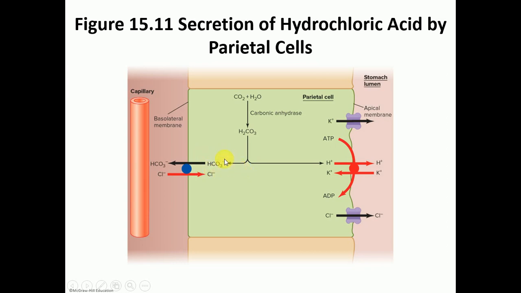Well, this bicarb is a negative ion. It'll be pumped out of the cell through this transporter, and in exchange we'll take another negative ion, which is chloride. That chloride will go through the apical membrane, diffusing through these little transporters. We've got chloride out here and hydrogen as well, and those are going to join forces and make hydrochloric acid.